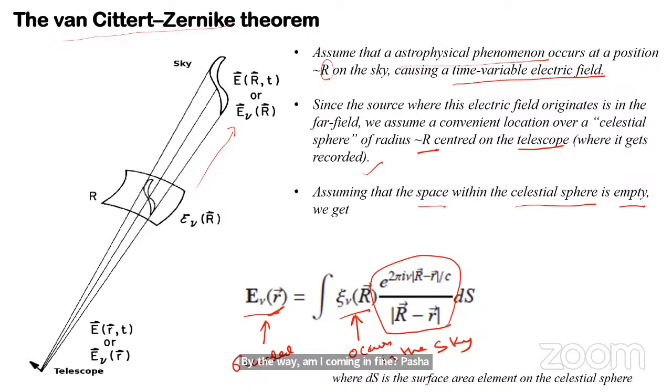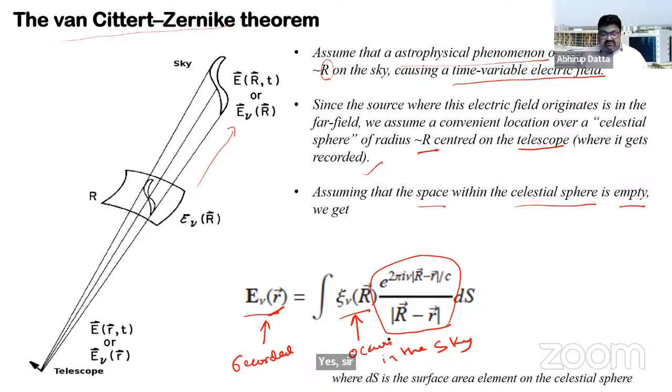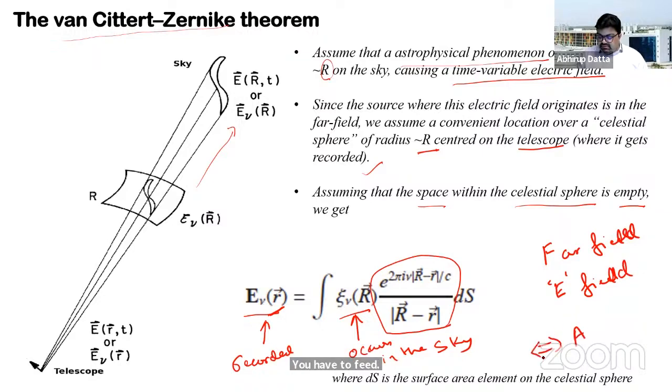Clear. So basically, we did this when we discussed the relationship between the far field electric field pattern and the aperture distribution. We figured out that these two are linked by a Fourier transform.